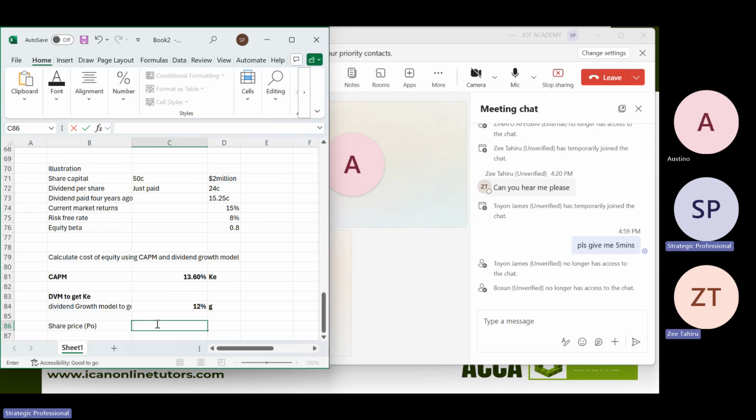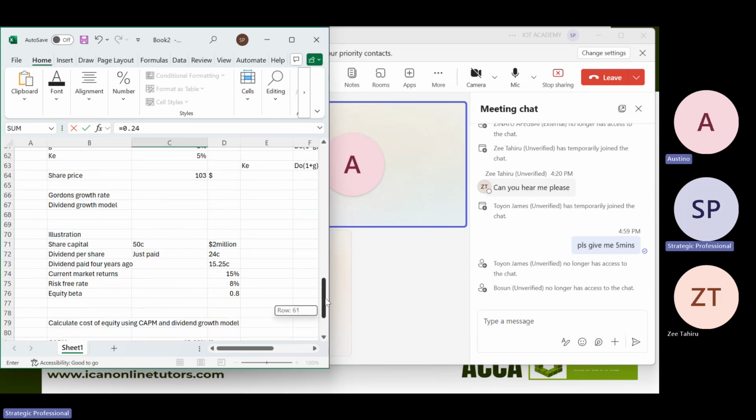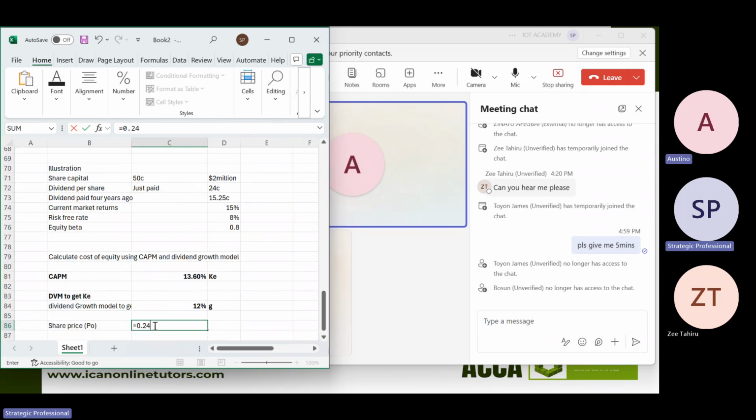24 cents. Yes. And thank you for bringing that up the other time. It was supposed to be 24 cents, not the 15.25 I was using. So you're correct on that. Thank you for that.